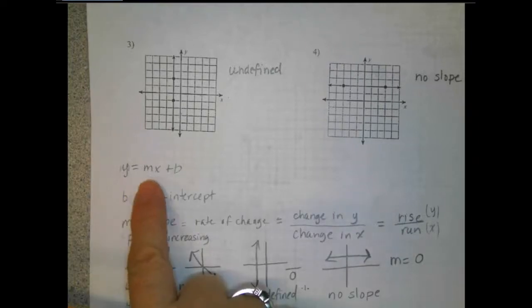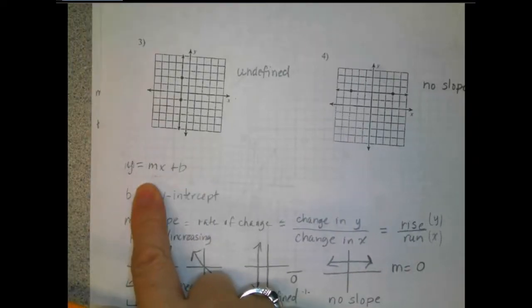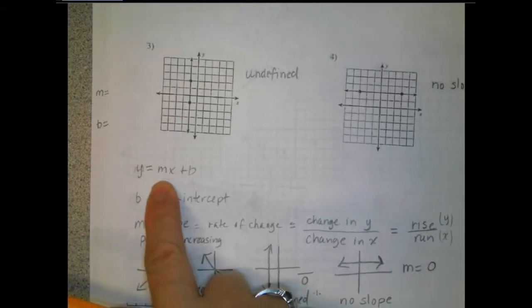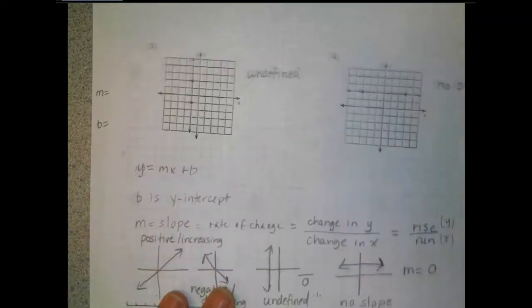Y equals mx plus b. Where is M? Tell me where it is. Be specific. Between the equal sign and the x.